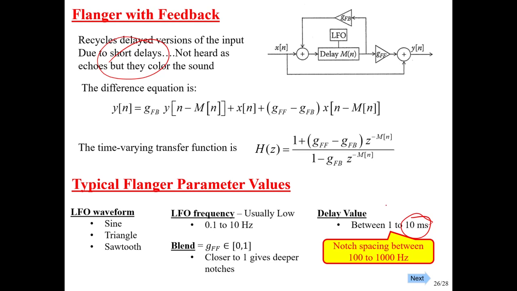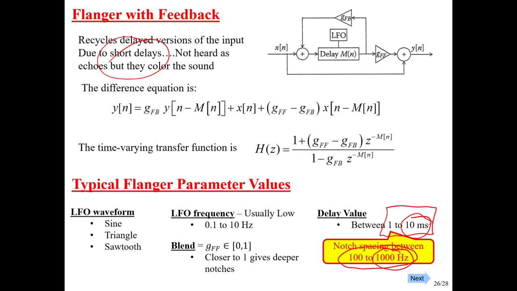And so with this range, 1 to 10 milliseconds, the notch spacing would be 100 to 1,000 hertz. And that's going to be uniform across the entire frequency response. So if we had 1,000 hertz spacing, and we're going from 0 up to 20 kilohertz, that's going to be 20 notches, right?